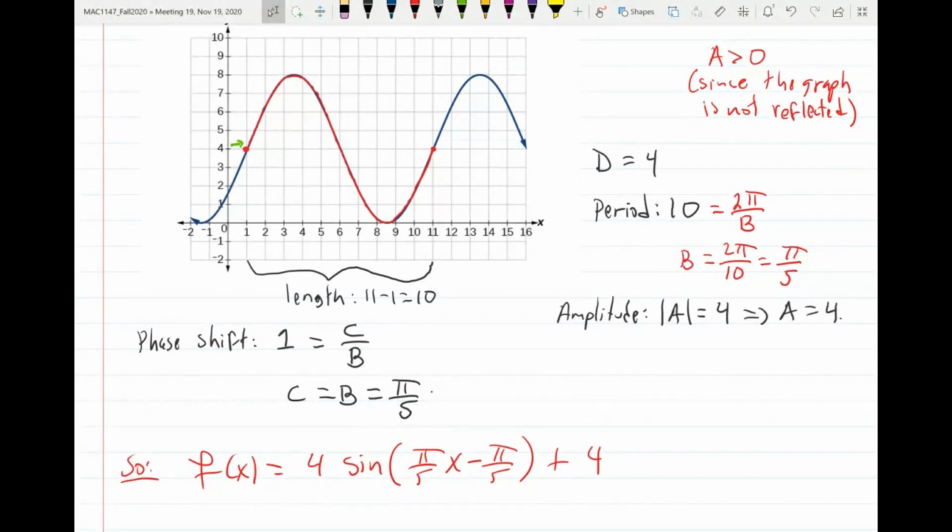So again, you first find the period, because when you have the cycle, you know the period. You use the period to get B. And once you have B, look at your cycle again, figure out where it begins, that's your phase shift, and then you can figure out C. But you need to know B first. Otherwise, you cannot do this. But B is obtained from the period.